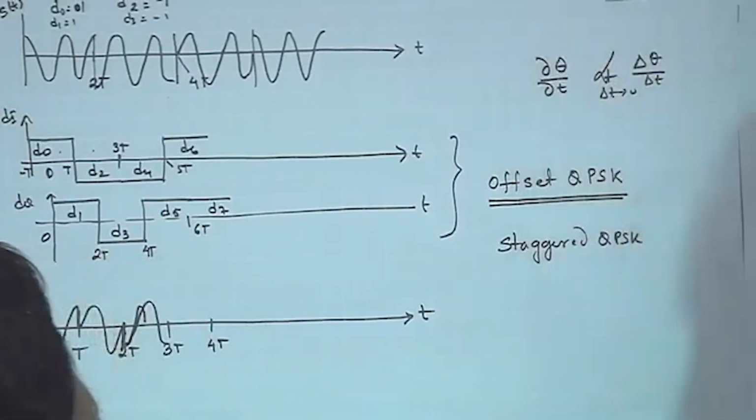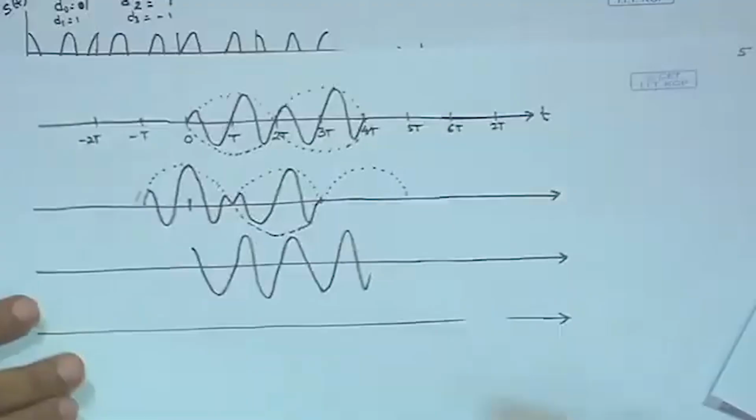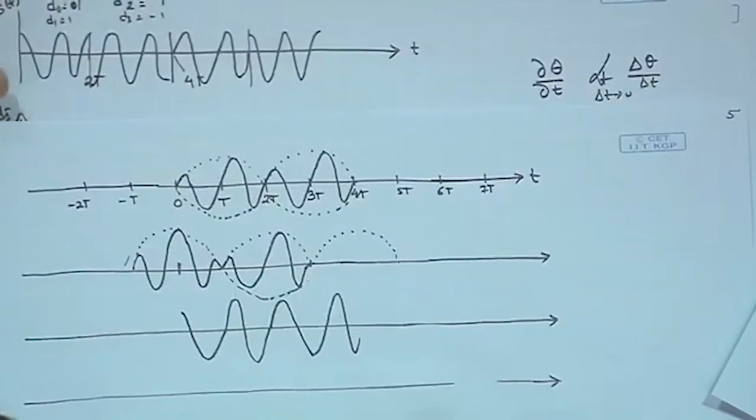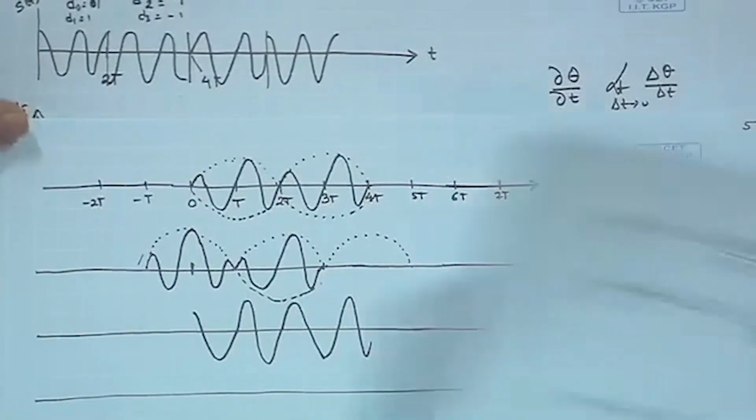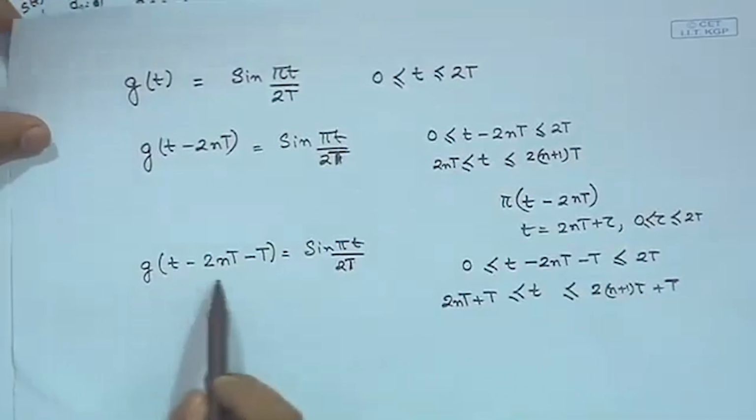Let us look at the different picture. Yeah, we have over here. So, if we look at this, here also it is staggered, and this staggering is expressed by this function.